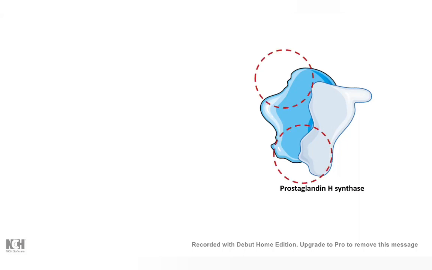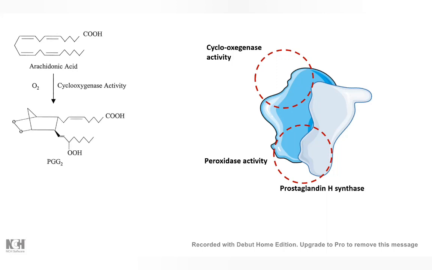Prostaglandin H synthase has two kinds of activities: one is cyclooxygenase activity, about which we will learn shortly, and the other is peroxidase activity. The first step of prostaglandin production is the production of PGG2. Arachidonic acid, with the help of the cyclooxygenase activity of prostaglandin H synthase, incorporates two oxygen molecules into the arachidonic acid backbone.